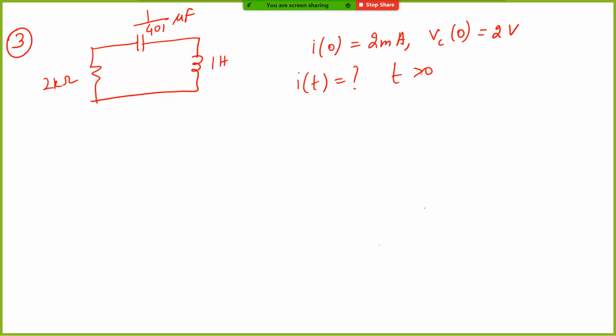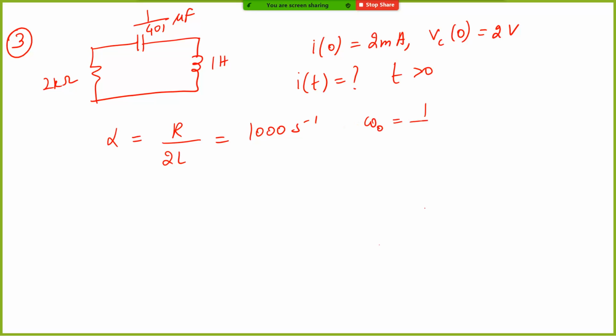All right, so let's try to solve this. First of all, let's find out what is the value of alpha. Alpha is given by R by 2L, right? So what is the value of alpha? Yeah, it is 1000 second inverse. Okay, very good.